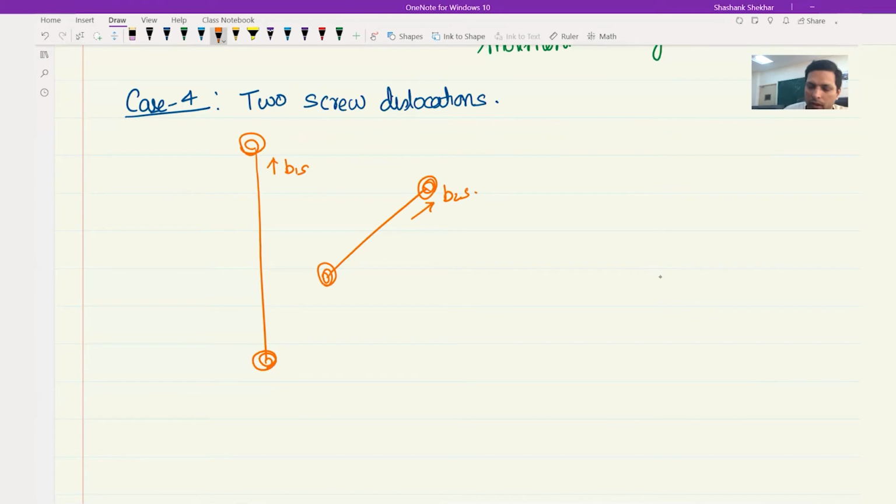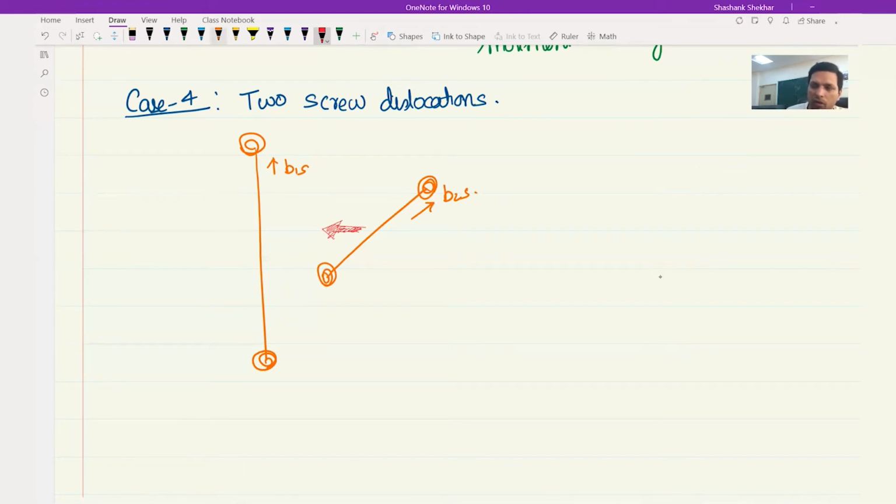Now let's say that this one is moving along this direction. This has a Burgers vector like this, so it will form a step along this direction. And for this one, there will be a step along this direction.